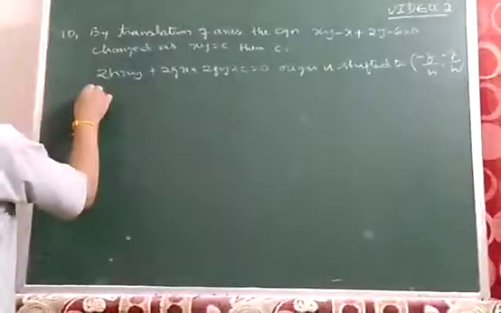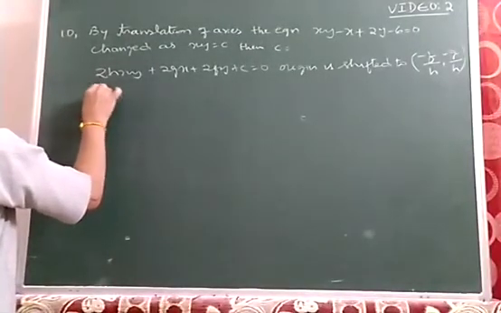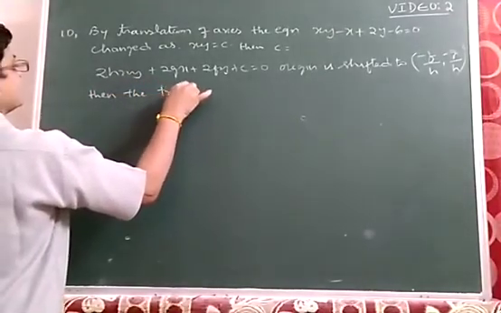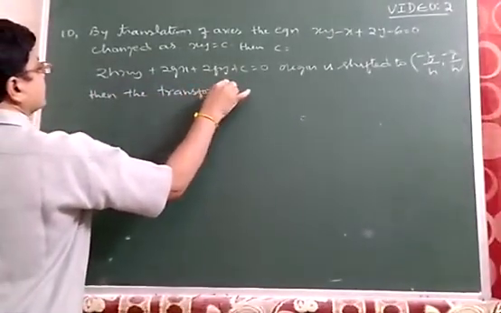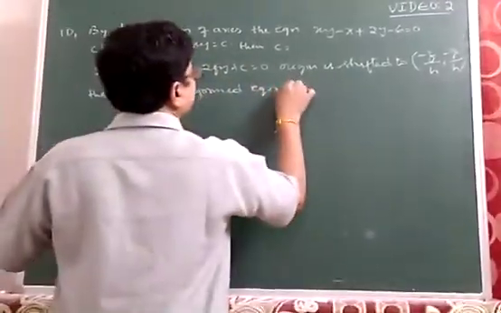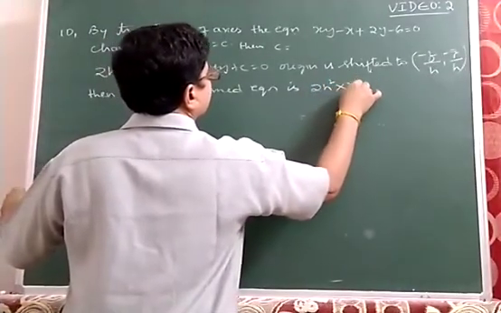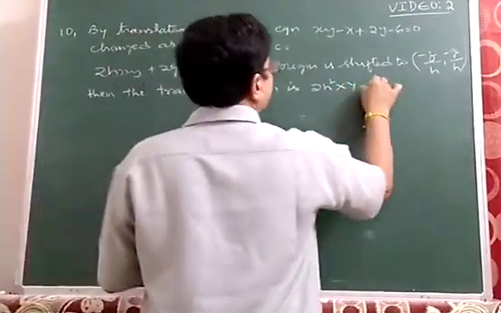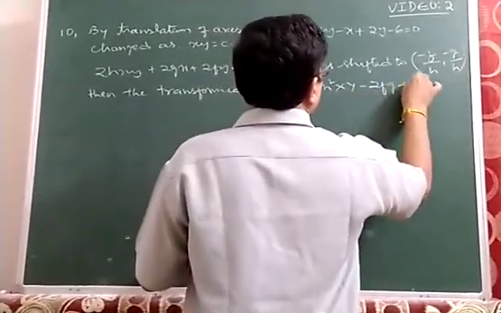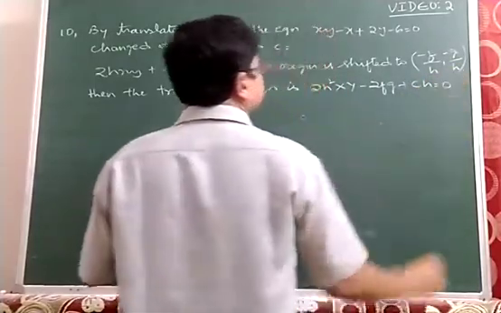So here the transformed equation is 2h square into xy minus 2fg plus c by h is equal to 0.